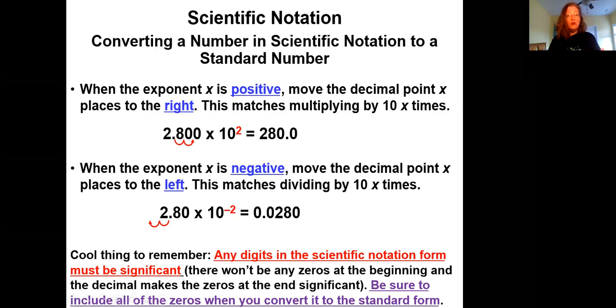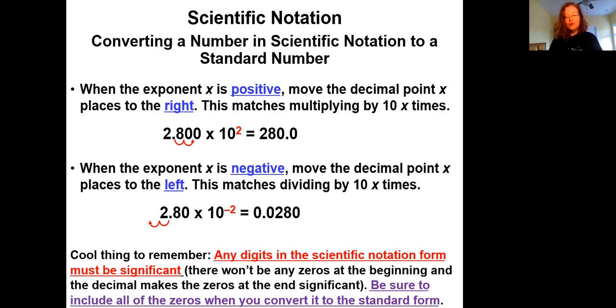Now, if you want, instead of getting confused with the whole left and right thing, which is what I tried to just get rid of before, you can think about the fact that when it's a positive number, it means we are multiplying by 10 that number of times. 2.8 times 10 would bring us to 28. Times another 10 brings us to 280.